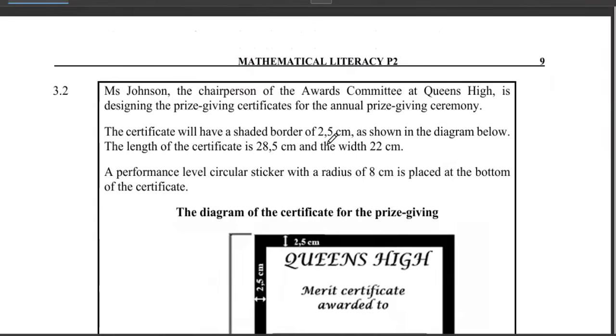Question 3.2. Mrs. Johnson, the chairperson of the awards committee at Queen's High, is designing the prize-giving certificates for the annual prize-giving ceremony. The certificates will have a shaded border of 2.5 centimeters, as shown in the diagram below. The length of the certificate is 28.5 centimeters, and the width is 22 centimeters.